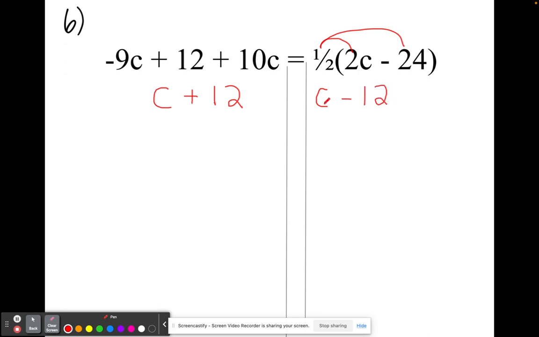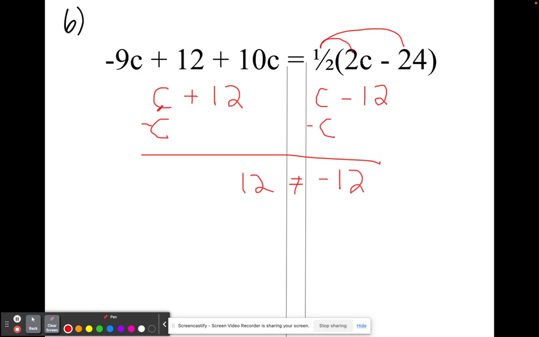Okay, so you can see I have a c here, c here. If I subtract c, I end up with 12 equals negative 12, and we know that 12 does not equal negative 12. Therefore, there is no solution to this.